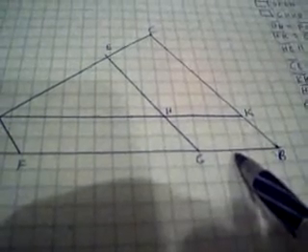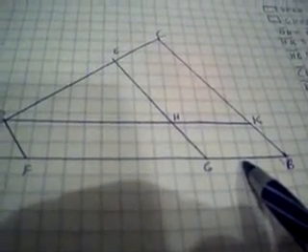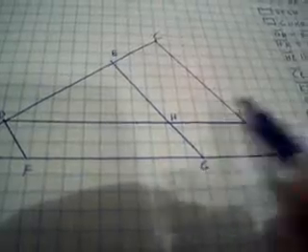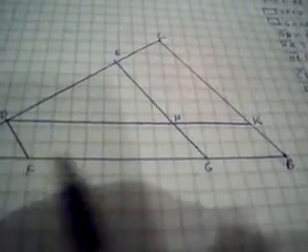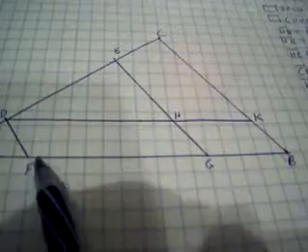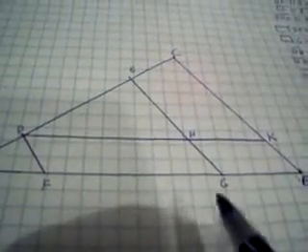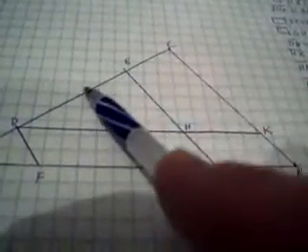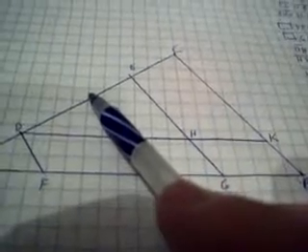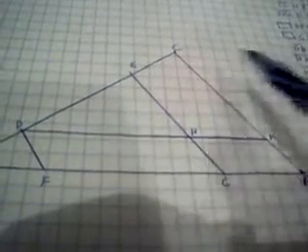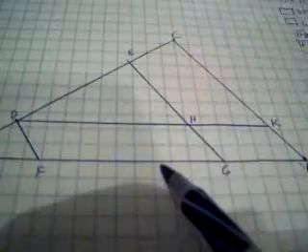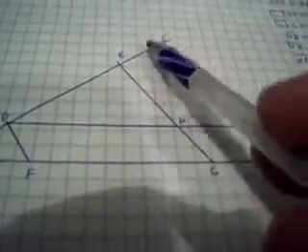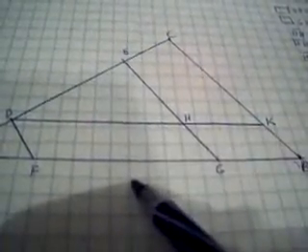This one equals this one. And HD equals GF. HD here equals GF right here. So, as CE is to ED, so as BG is to GF. As this is to this, so as this is to that.